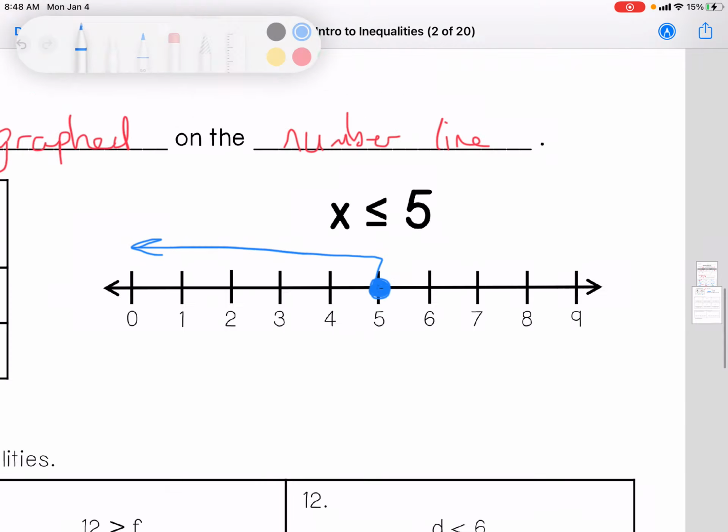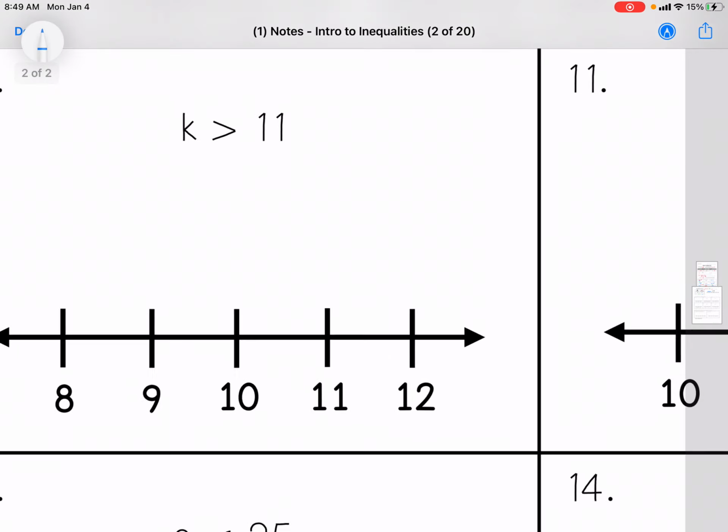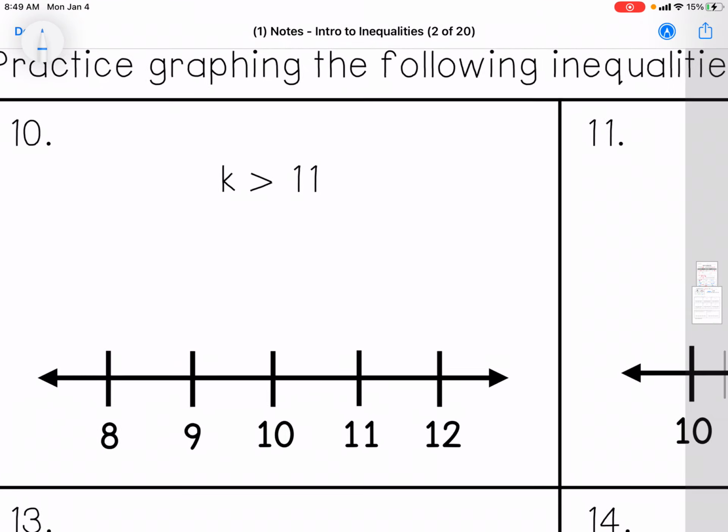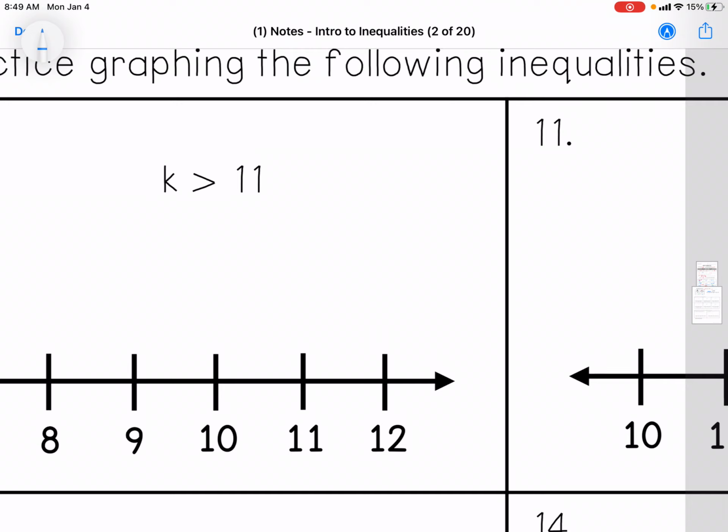So let's see some more of those, okay? All right, so k is greater than 11, okay? So is it an open dot or closed dot? Well, it's open because there's no equals line at the bottom. So it's open. Okay, which way is it going to point? K is any number greater than 11.